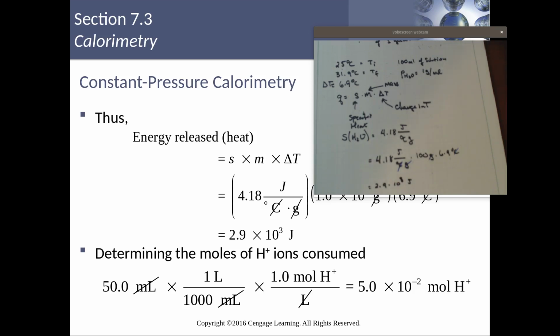Right? That's the amount of energy. So we can also then calculate the number of ions that are consumed, and so on. Again, this is the stoichiometry part of that particular problem.